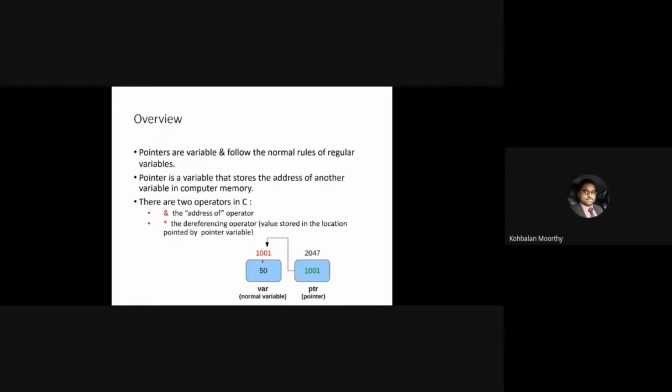Each of these variables will have their own address. What does this address mean? It's basically the address in the memory of your computer, or whichever PC, mobile device, or any system that you're using. You have the random access memory, the RAM. In the physical part of the RAM, you have an address to let the system know where the information is stored.